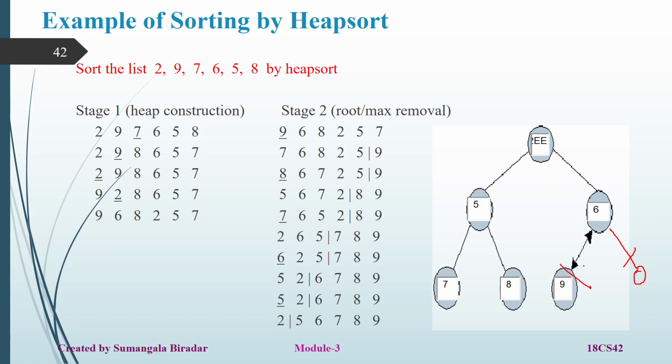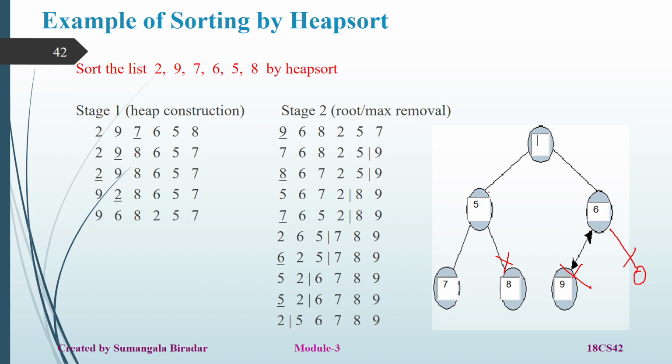For example, this node and this node are not there, and if at that time this node is also not there. Okay, so now if these two nodes are not there, then also it is a heap tree. And also here, if this node is missing, the right node is missing in the last level, yes, for the remaining also you will consider it as a partially complete tree here.